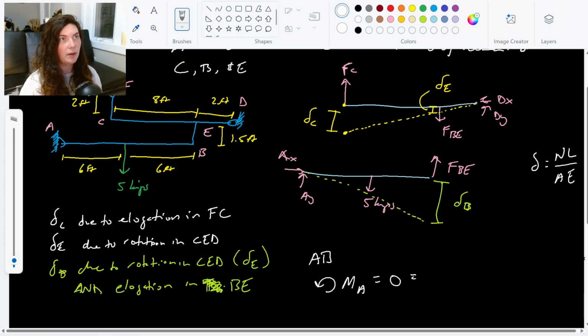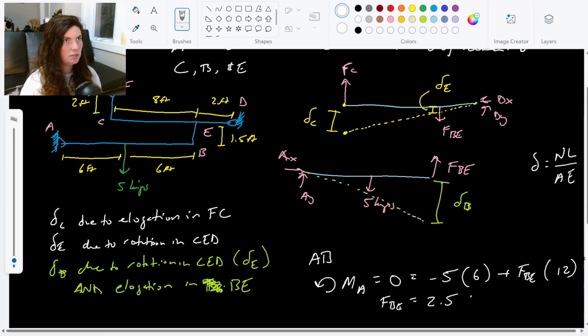So if I take a moment about A, I'm going to have negative 5 kips times its distance from A is 6, plus FBE times its distance away is 12. So FBE is going to be, what is that, 2.5 kips.